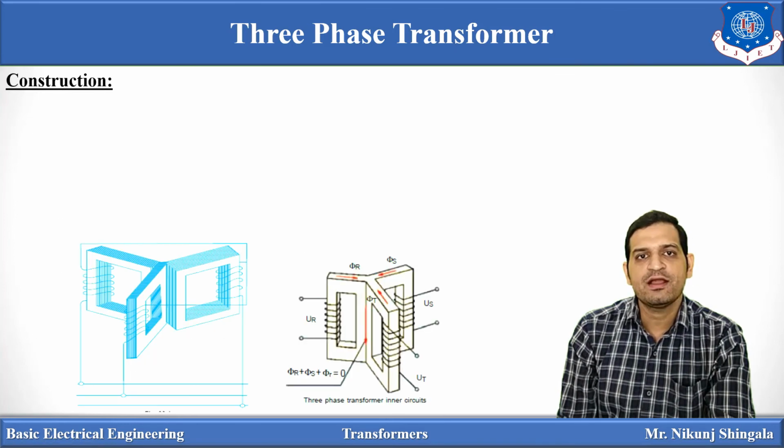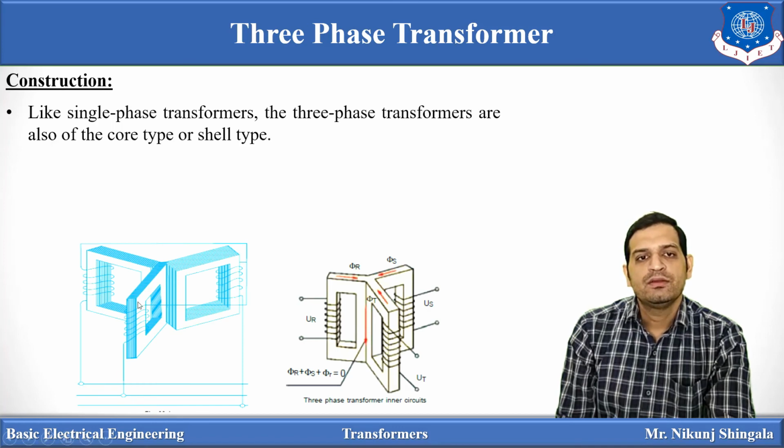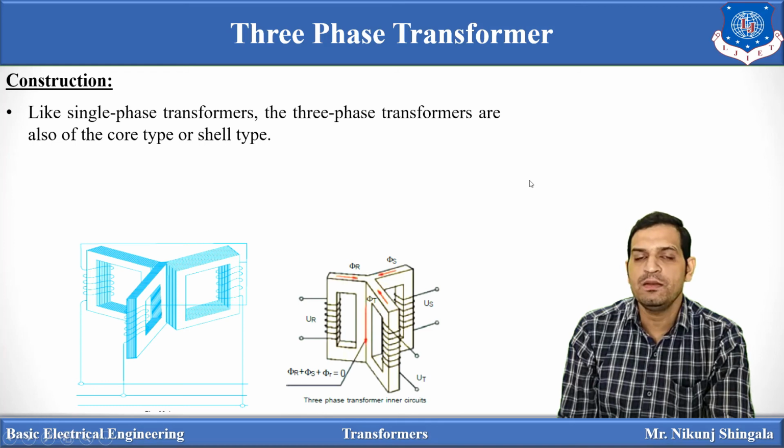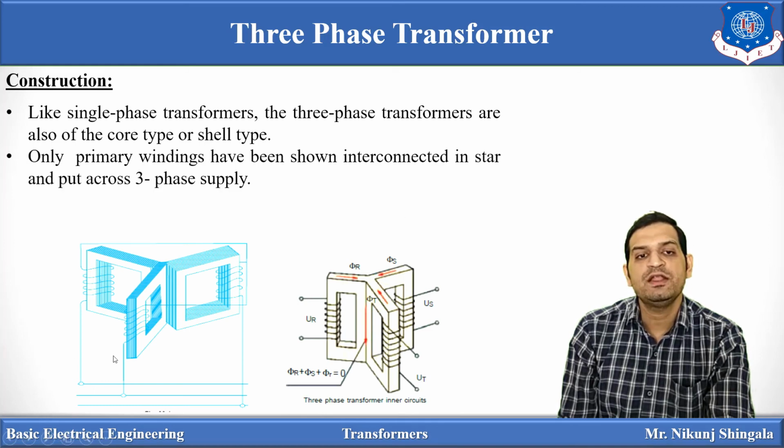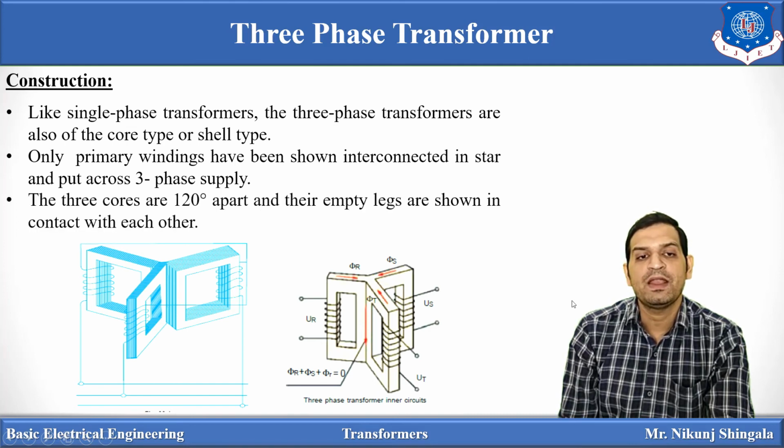Now moving towards the construction of the three-phase transformer. Here you can see a single unit three-phase transformer, and this is the internal circuit. A three-phase transformer can be of core type and shell type. For simplicity, only the primary winding is shown, which is connected in star, and this star connection is given a three-phase supply.